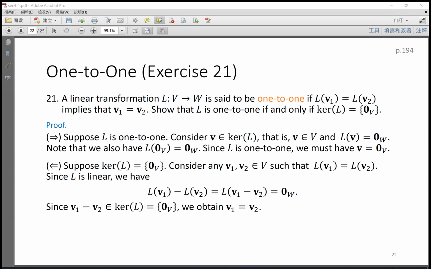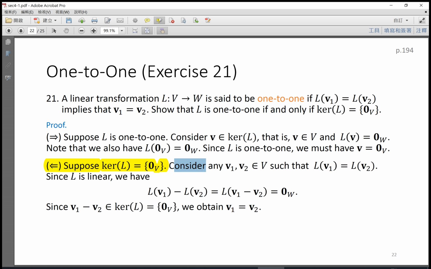Next, we prove the if part. The if part assumes kernel of L equals the set of 0V, and we want to show L is one-to-one. The idea is that given L of V1 equals L of V2, we want to show V1 equals V2.